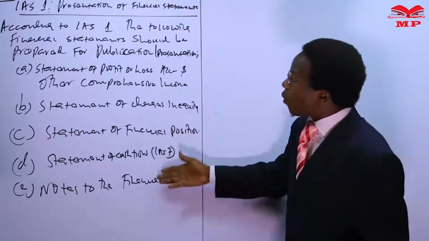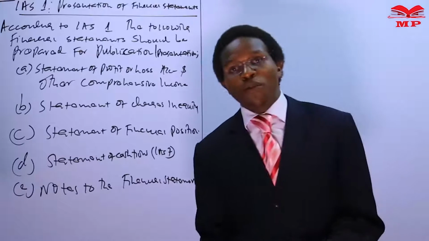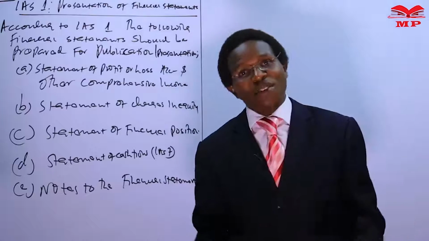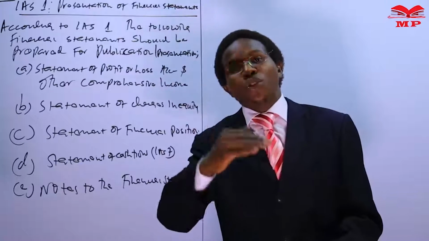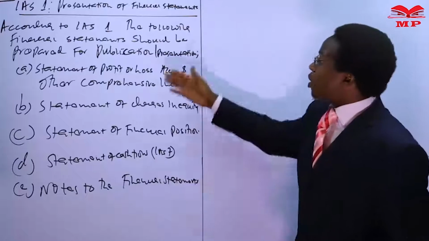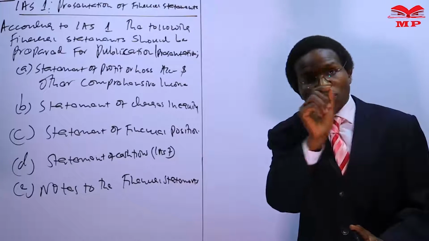What is complex in this presentation of financial statements for publication is the adjustments. Sometimes students are given a question with some additional information that will require you to make some necessary adjustments. The format does not have a problem. The problem is those adjustments.